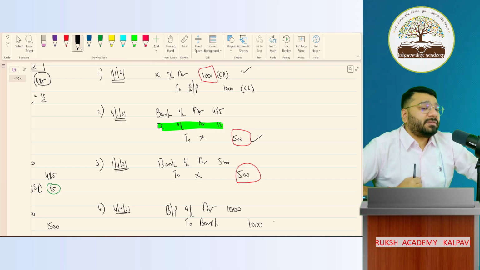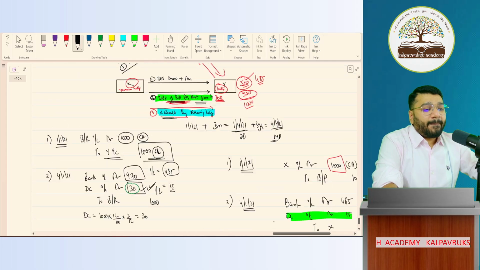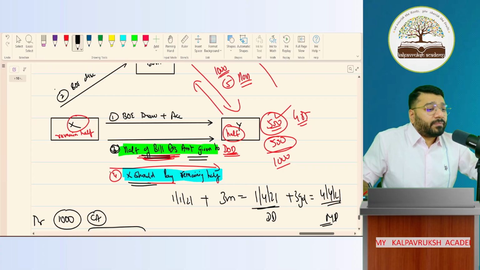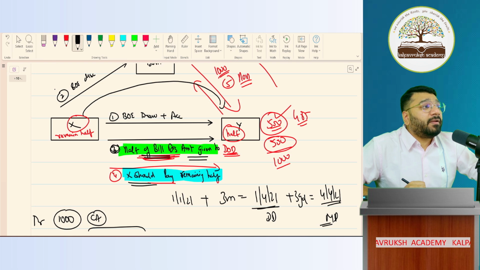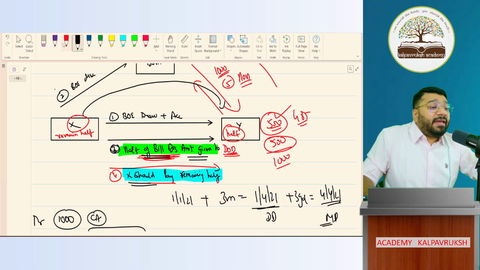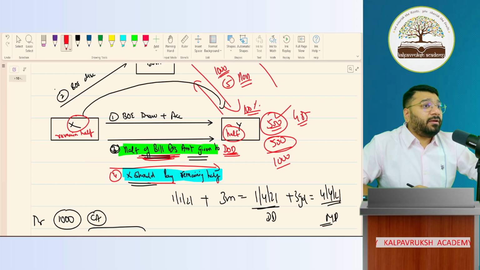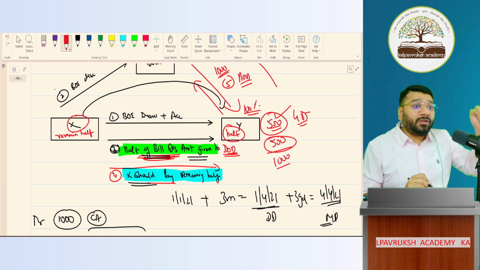Then what is the difference? In case 2, X drew the bill on Y. Who accepted the bill? Y. Y accepted the bill having 100% trust on X. Correct? If you accept a bill, how much courage you should have?